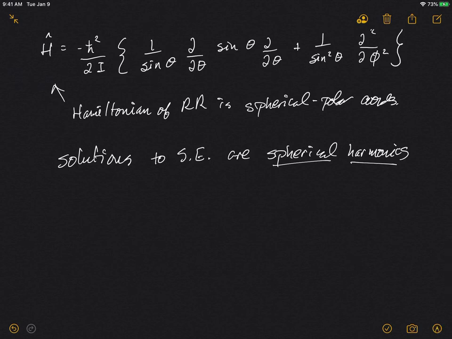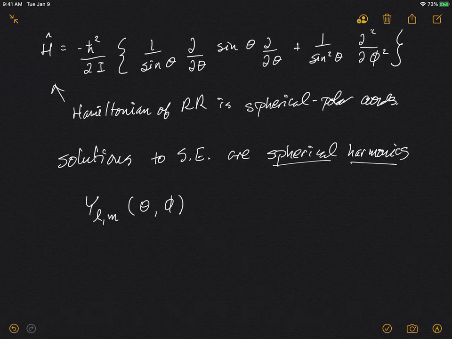And we're going to write them as follows: Y sub L comma M, and they are functions of theta and phi.